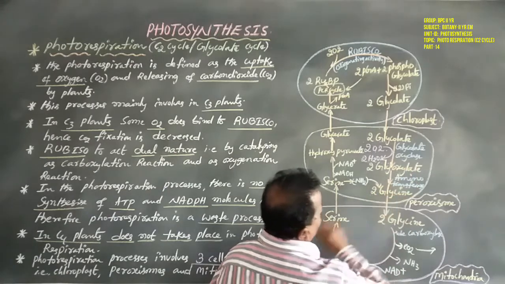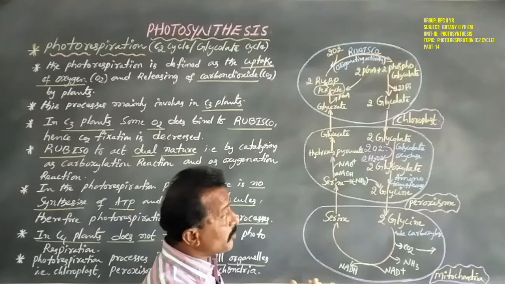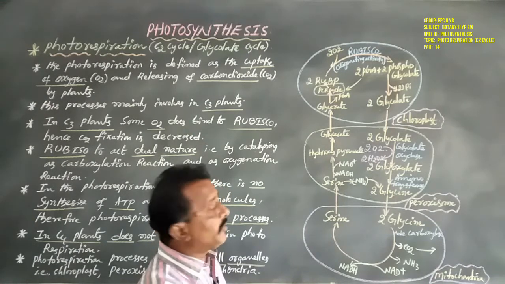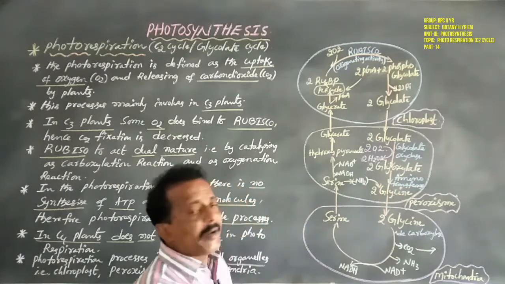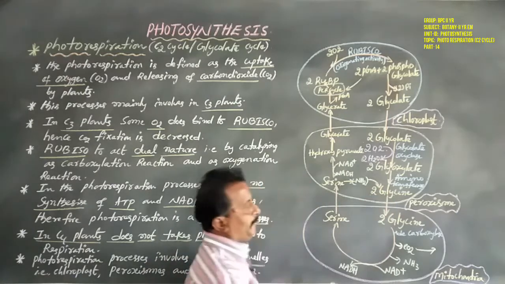Okay. Next, the 2 molecules of glyoxylate form 2 molecules of glycine. By this, the 2 molecules of glyoxylate form an amino acid with the help of the aminotransferase enzyme, to form 2 molecules of glycine.